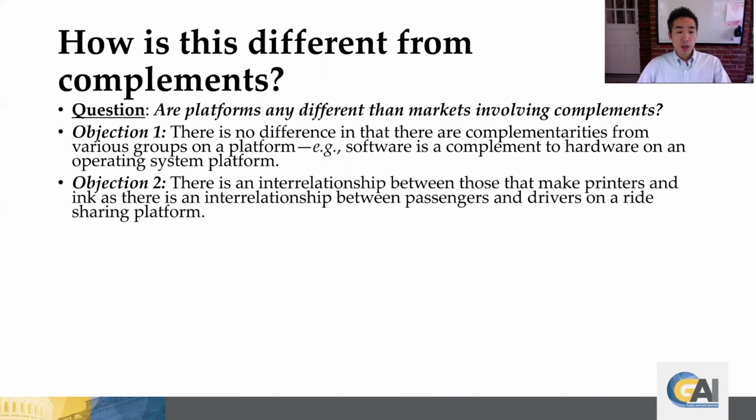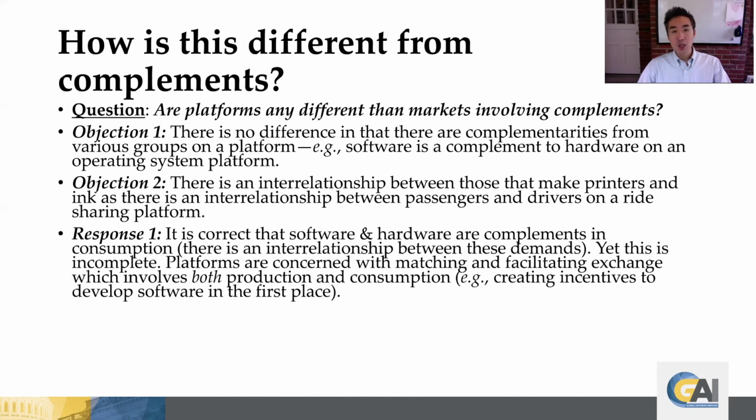Objection 2: There's an interrelationship between those that make printers and ink, which are terrific complements, as there is an interrelationship between passengers and drivers on a ride-sharing platform. Let's address each of these in turn. And I'm not going to do justice to this in the short time that we have, but let me at least get some ideas started.